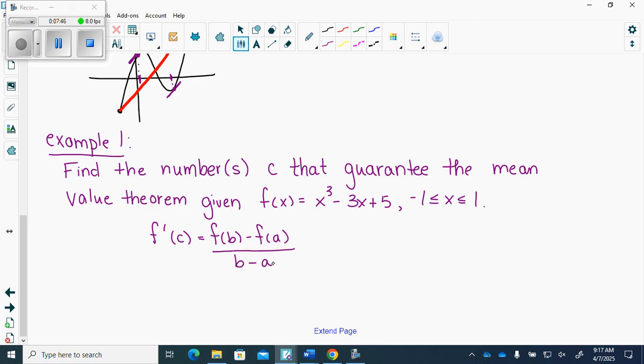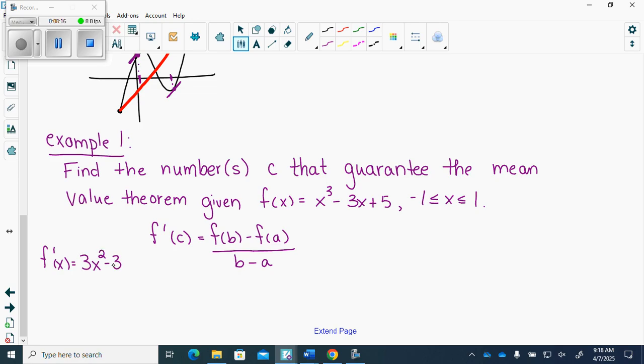So first off, we need to get the first derivative with respect to c, right? So let's find that over here. So f prime of x is what I'm going to find first. So what's the derivative of f? 3x squared minus 3.